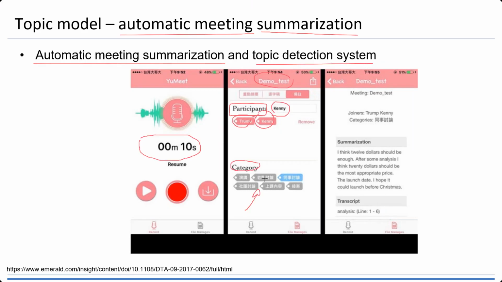Maybe this is from China, so they use the Chinese language. And then they can do the summarization. From the audio, you can make the summarization, and we can use this summarization as maybe one topic.